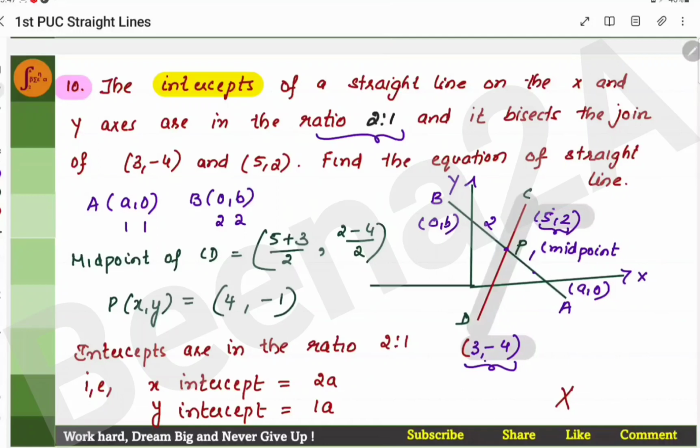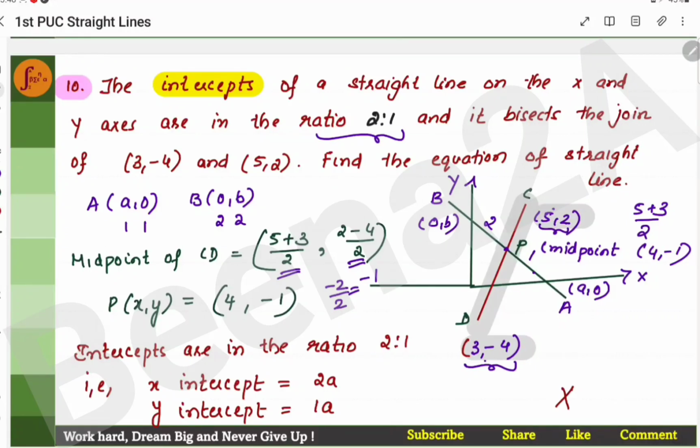For y, 2 with minus 4 you add, 2 minus 4 by 2. So 8 by 2 is 4, and 2 minus 4 is minus 2, minus 2 by 2 is minus 1. So this point P is nothing but 4 comma minus 1.